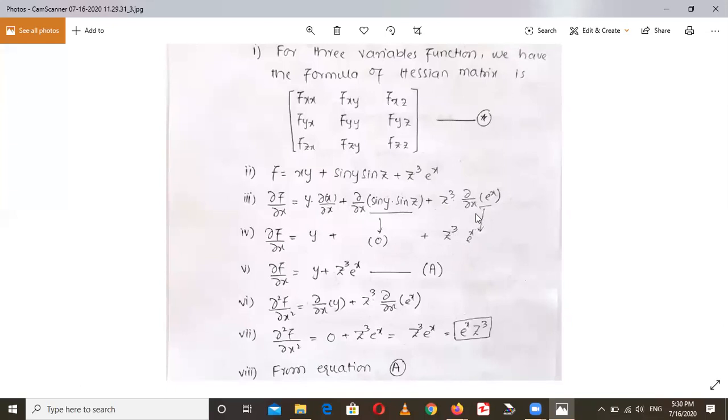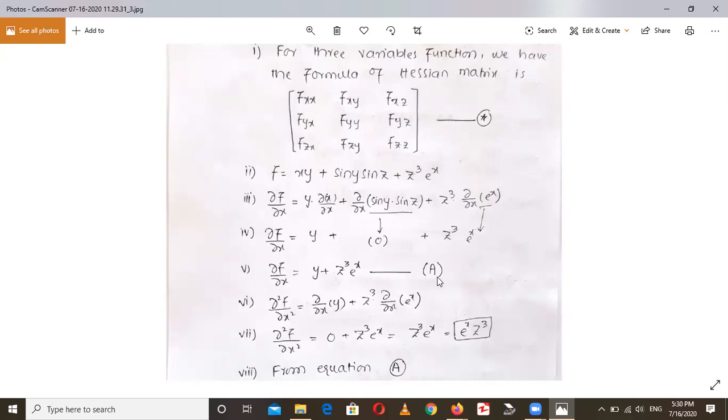Now add these three terms. So in step number 5, this will become y, 0 is nothing, plus z cube e power x. So this will become y plus z cube e power x, and this will become our equation number 1a.